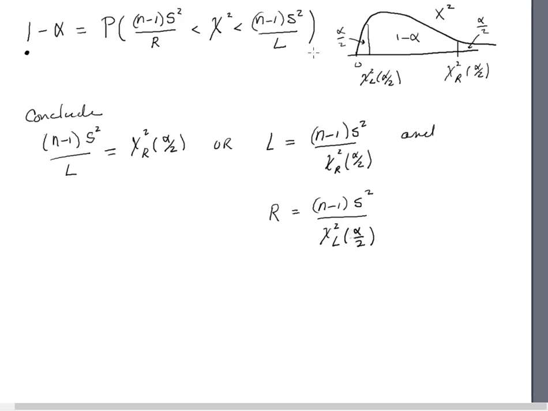So this is a probability statement. Here's a picture of the same thing. Now, what I need to draw your attention to is that this boundary right here cuts an area of alpha by 2 in the upper tail.